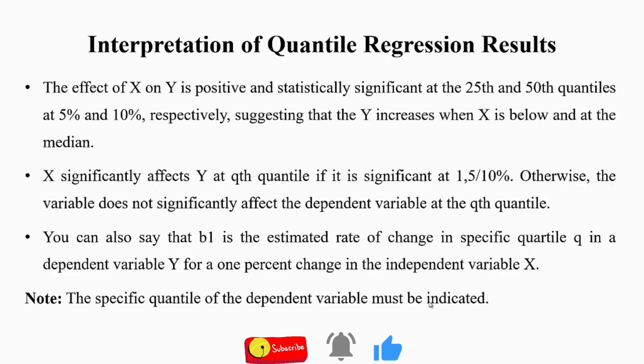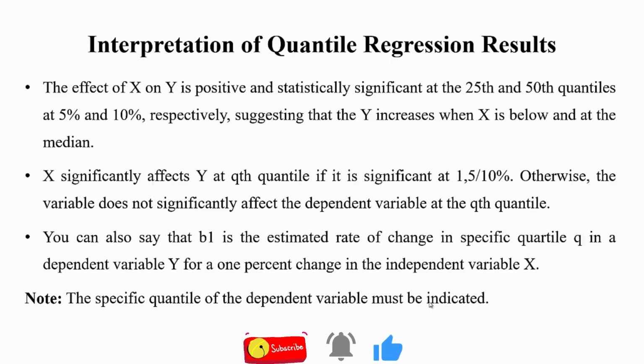But one important thing you need to take note of is that when you are interpreting your results, you must state the quantile or the percentile at which that particular result occurs.